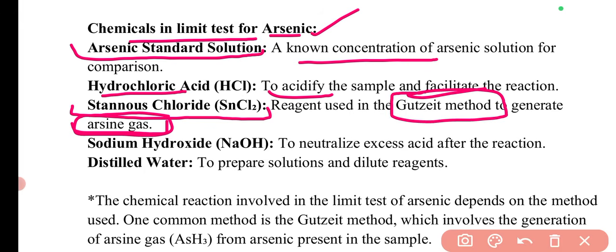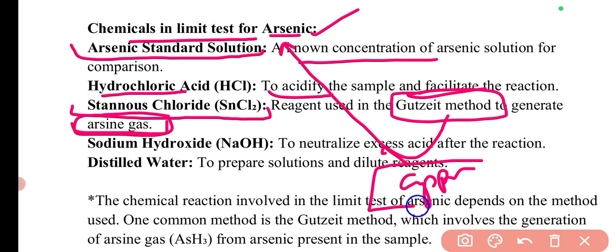One very important question that has been asked multiple times from this topic is about the Gutzeit method or Gutzeit apparatus, like in which of the following limit tests the Gutzeit method is used. This method is the Gutzeit method, which is used in the limit test of arsenic.